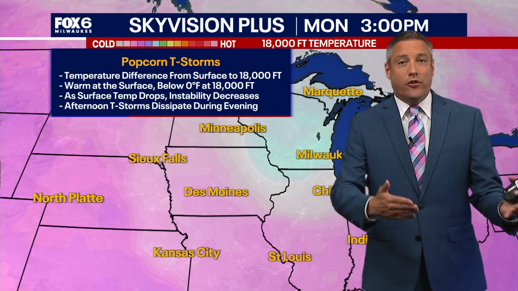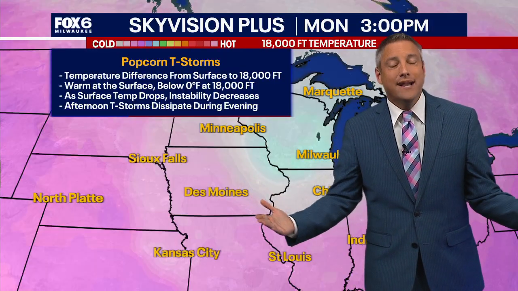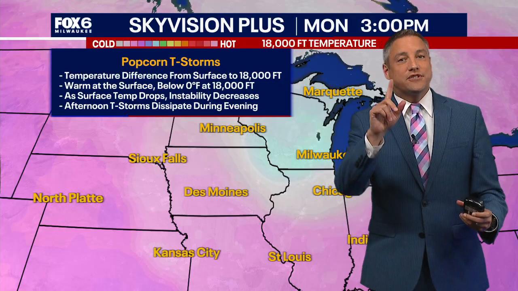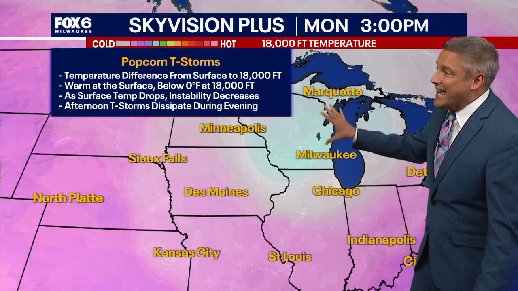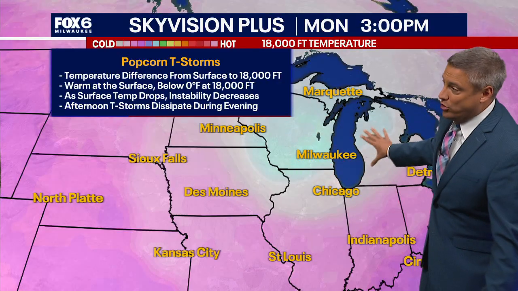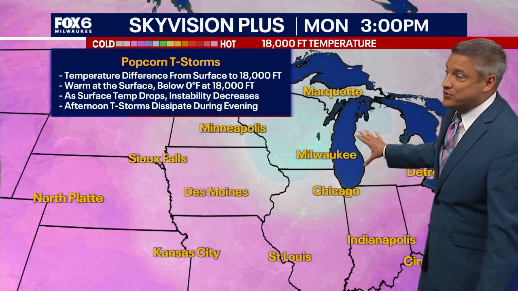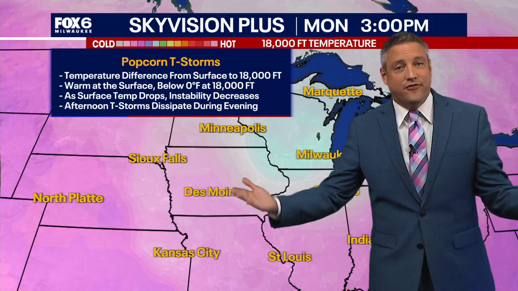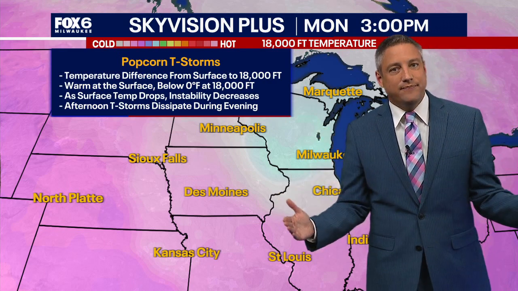Now, we know that if we were to get into a hot air balloon and go up, it gets colder, right? The higher up we go. But sometimes, depending on weather conditions and storm systems, it can get very cold over our heads. And temperatures can really drop below zero at 18,000 feet, for example, and that leads to instability in the atmosphere.